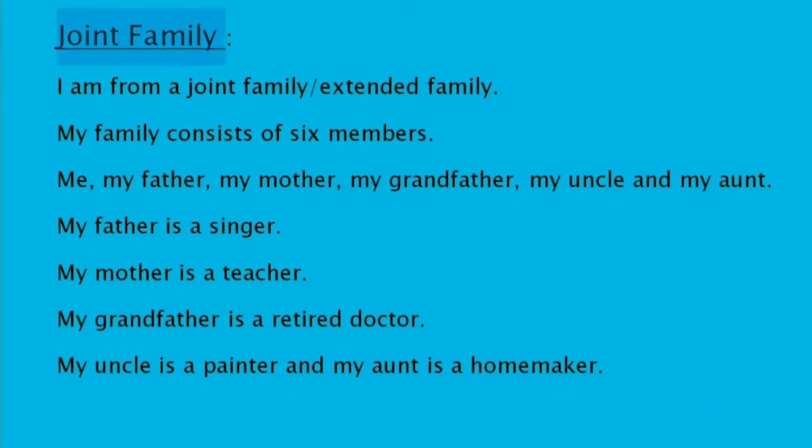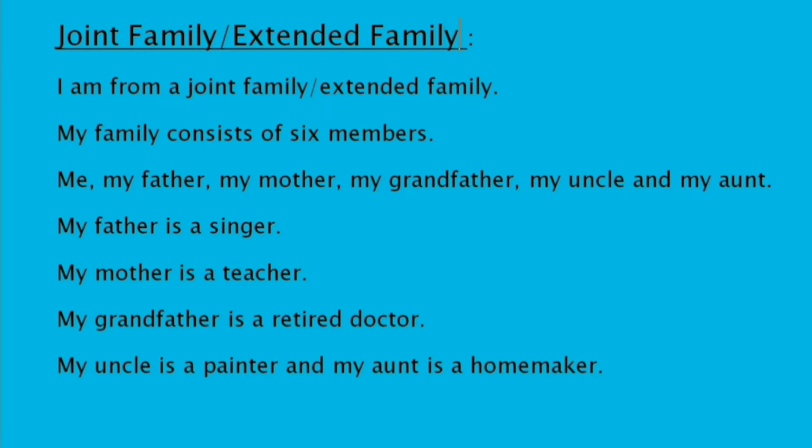Up next, let us turn our attention towards the second type of family, that is joint family. As you see on your screen, you can mention joint family, or you can use the term extended family.